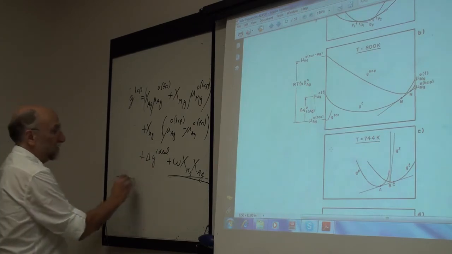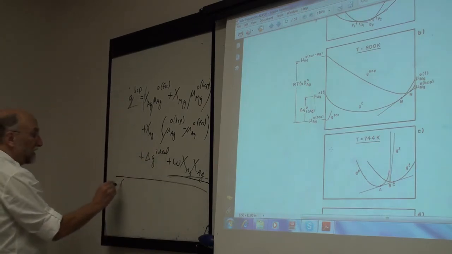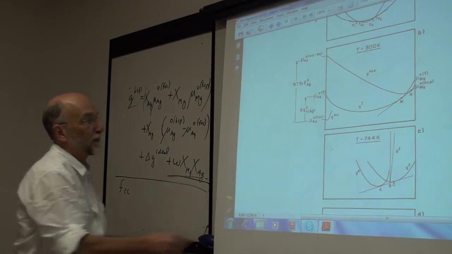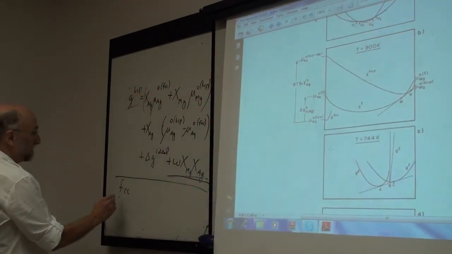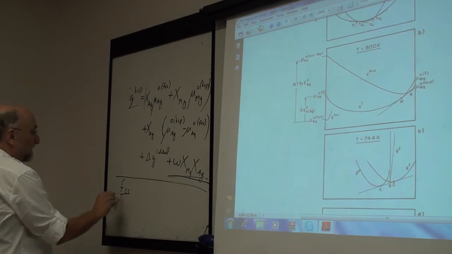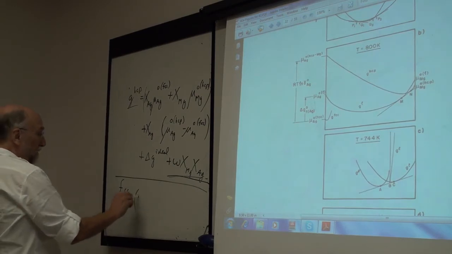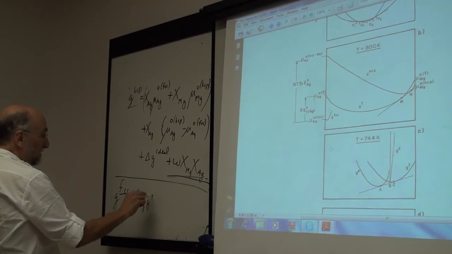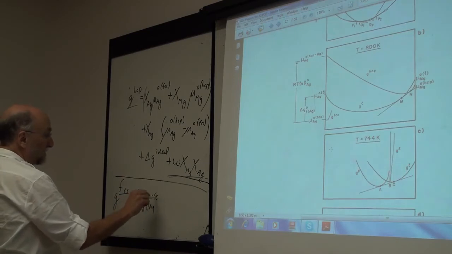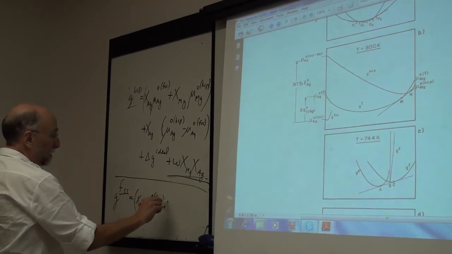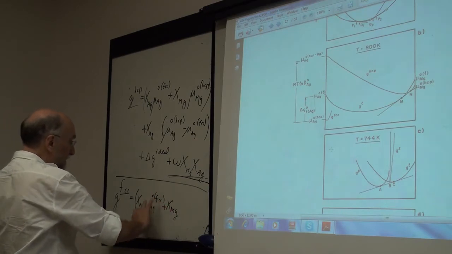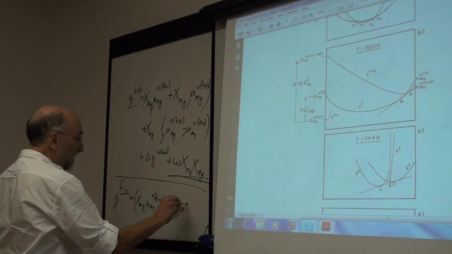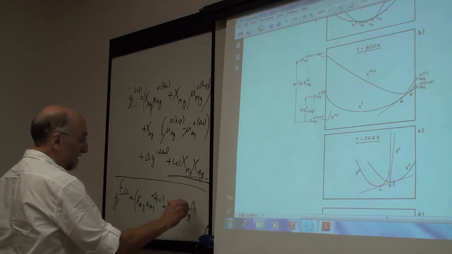Then, that's for the HCP phase. For the FCC phase, which would go up like this, I could do the same thing. I could say the Gibbs energy of the FCC phase would be X silver times G naught silver, FCC, plus X magnesium times mu naught magnesium, HCP.